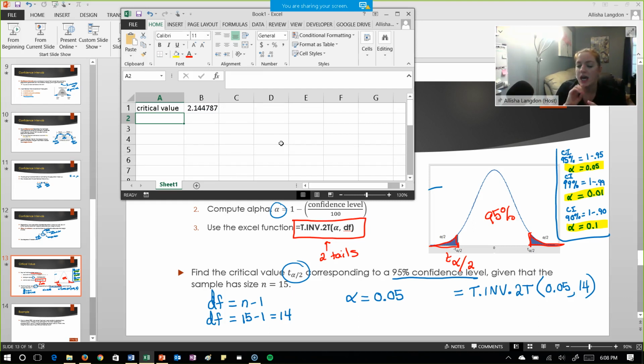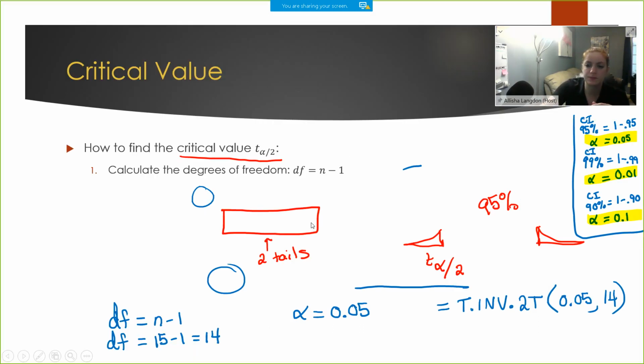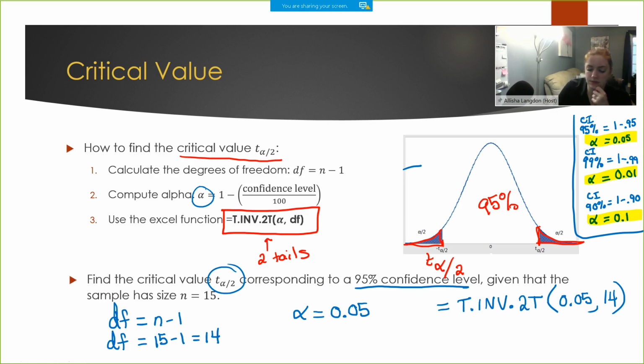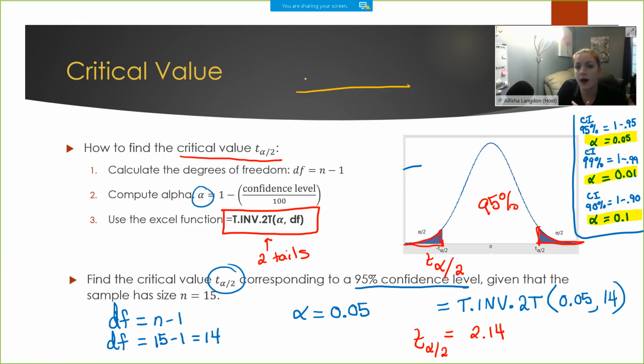2.14. Now, let me revisit the rounding there. That's going to be my T of alpha over 2. That's going to be my critical value. Now, remember that when we talked about our z-scores, we thought about the curve, and our z-scores were down here by the mean.